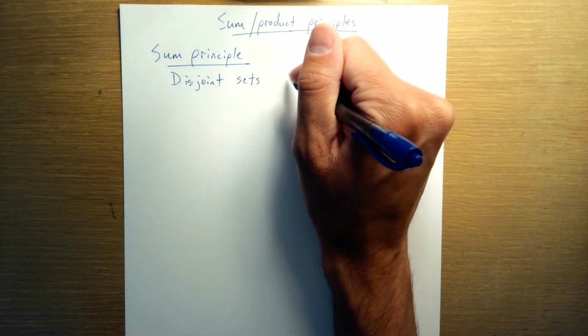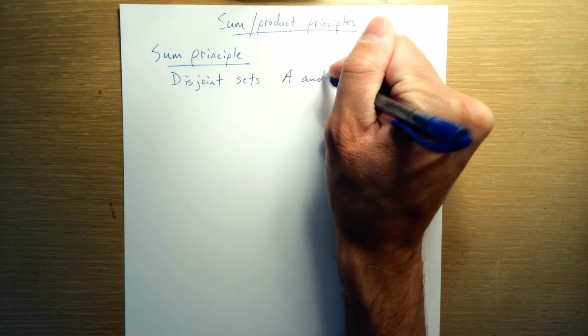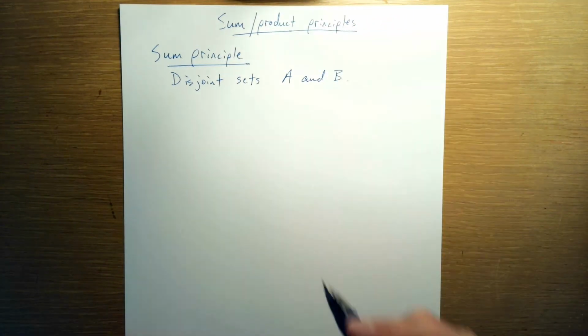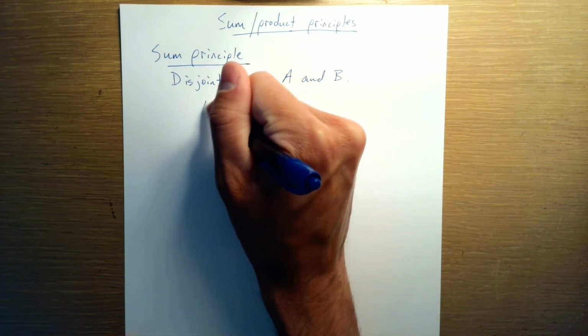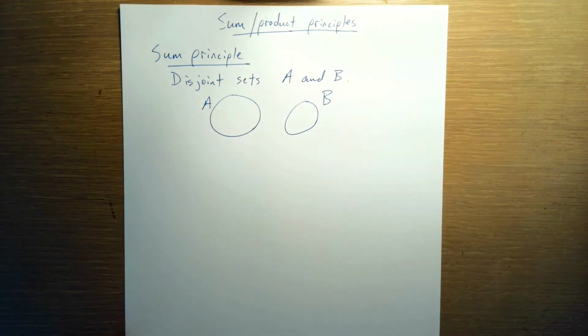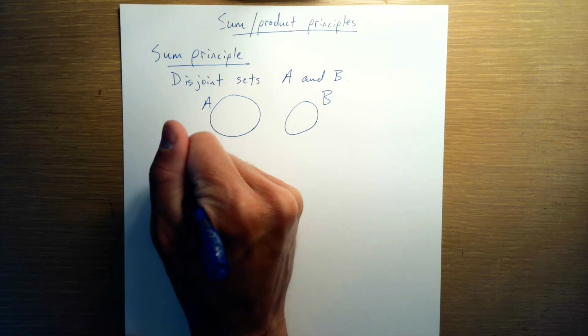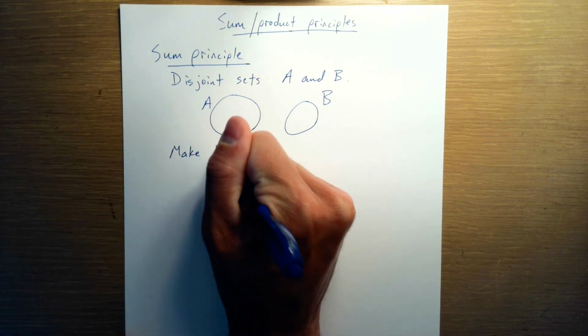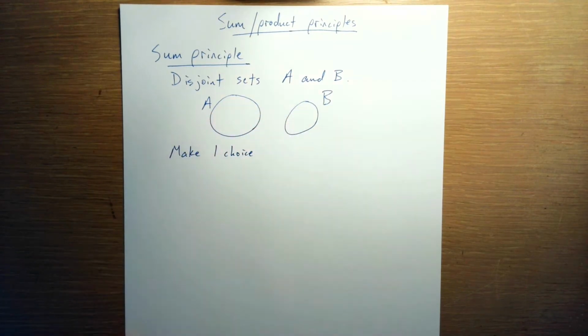So let's call these sets A and B. And disjoint, remember, means no overlap. So you have set A and you have set B. And we want to make one choice. We want to choose one element, and it could either be from set A or set B.